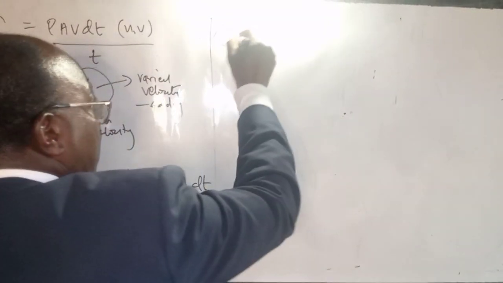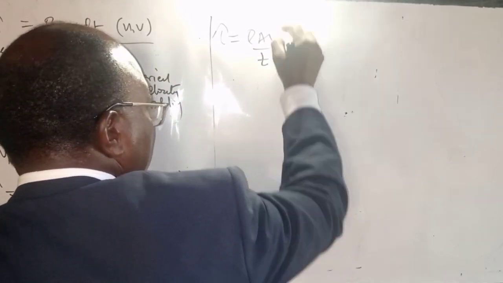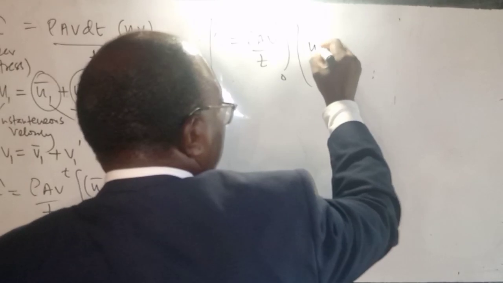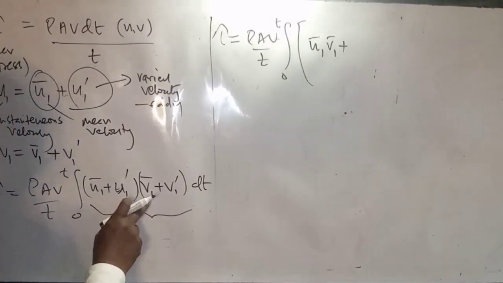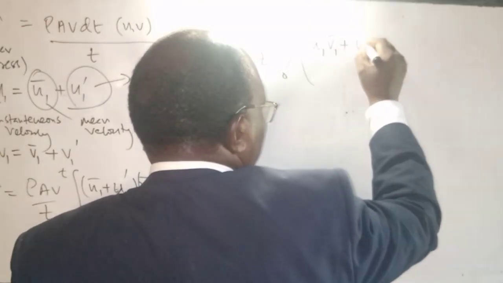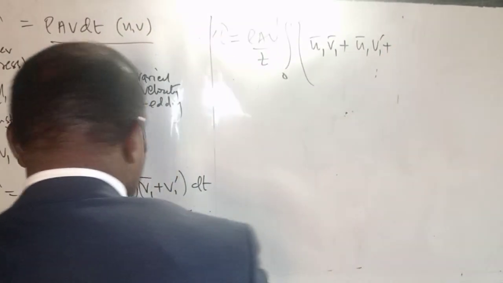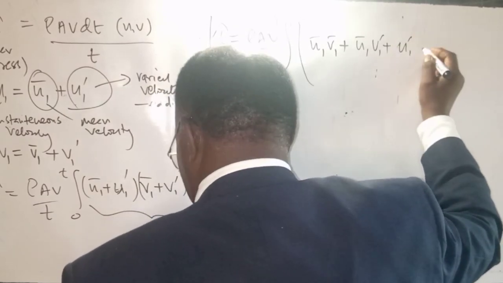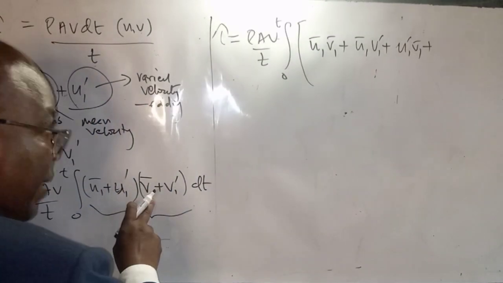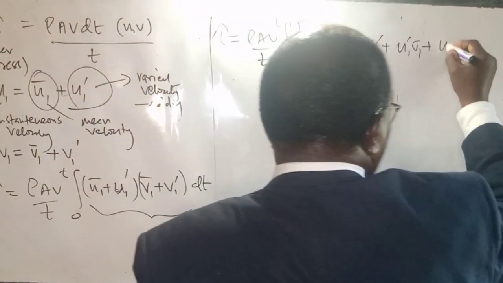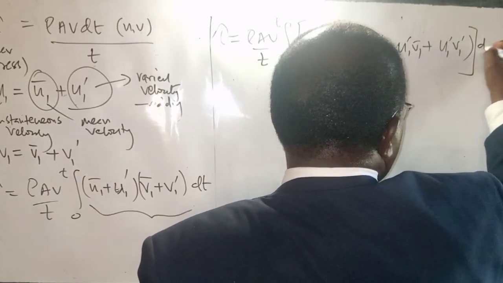So we'll have tau equal to rho V over t, then we have u bar 1, so we multiply that with that, of course, and then the second one, so u bar 1 times v1 prime plus u1 prime v bar 1 plus u1 prime v1 prime, dt.